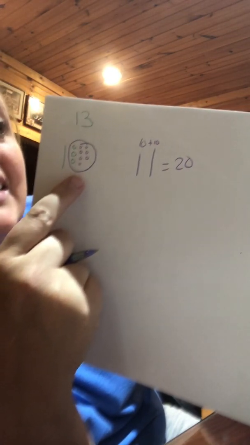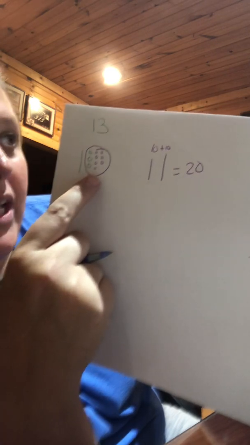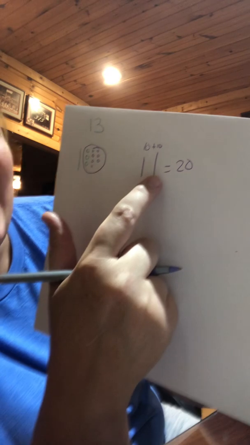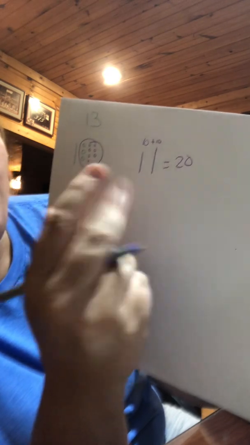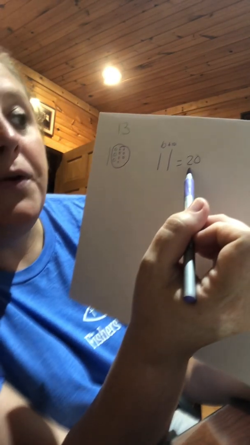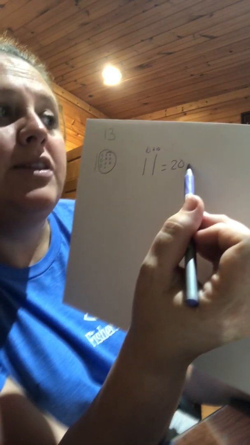3 ones and 7 ones is 10 ones. 10 ones is the same as 1 ten. Now I have 2 tens. And so the digit 2 goes in the tens place, and the digit 0 goes in the ones place.